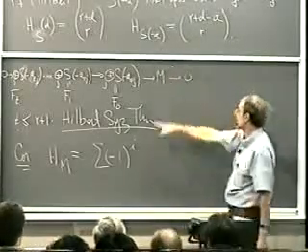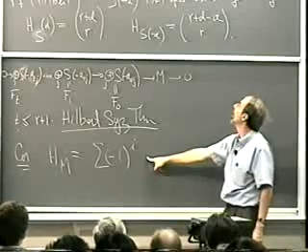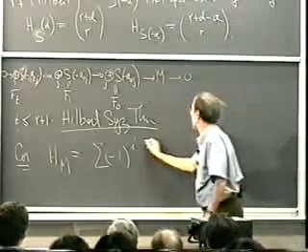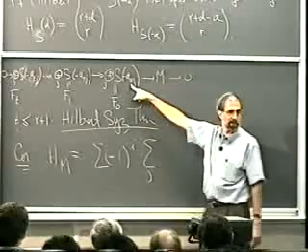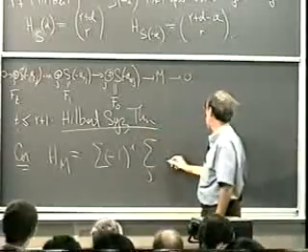Well, let's see. It's really going to be here the Hilbert function of F_i. But I can write that as the sum over j of the Hilbert function of S(-a_ij).